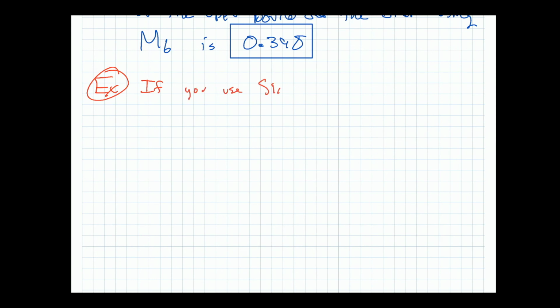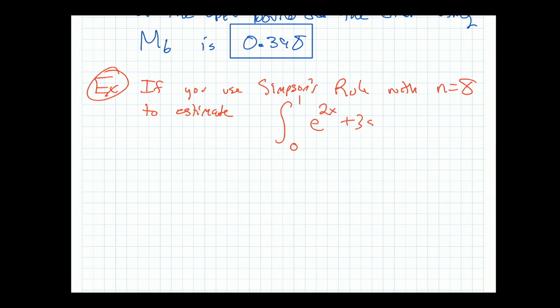If you use Simpson's rule with n equals 8 to estimate the integral from 0 to 1 of e to the 2x plus cosine 3x dx, what is the max error?